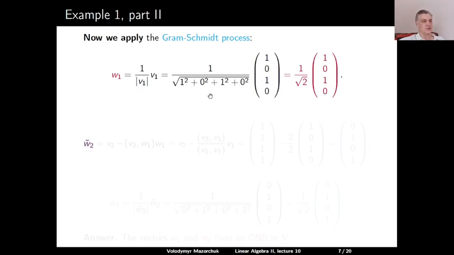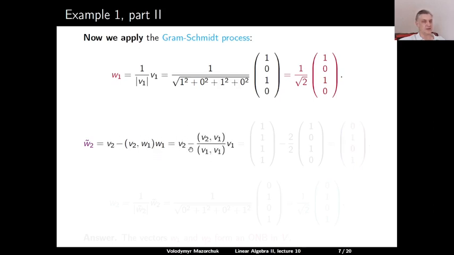The next step of the process, we construct the vector W2 tilde. By definition, this is equal to V2 minus the vector W1, which we have here, with the coefficient, the scalar product between V2 and W1. Since we know that W1 is 1 divided by the length of V1 times V1, we can rewrite this as follows.